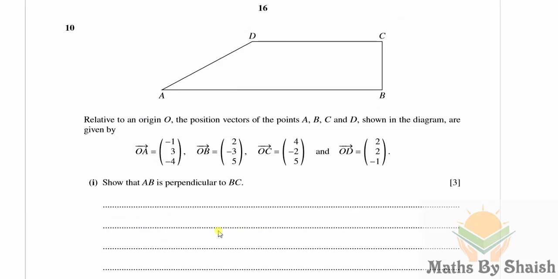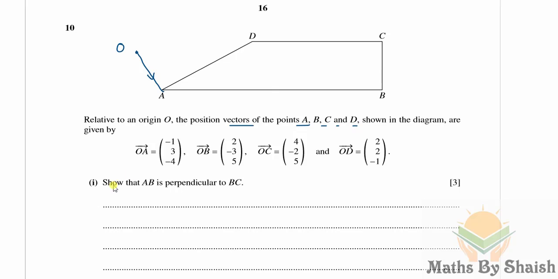Here's question number 10. Related to an origin O, the position vectors of points A, B, C and D, for instance, if we take this as origin, then OA vector, OB vector, OC vector and OD vector are given.